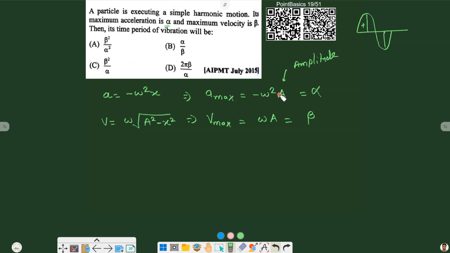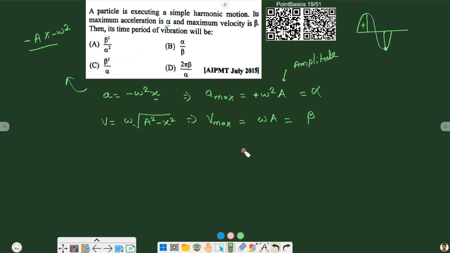When the amplitude is minus A, it will be maximum, so we have to add an additional positive sign. Why? Because amplitude can take positive and negative values, and we have to find the maximum, so the maximum value should be positive. For that we take acceleration along the negative side, where x is equal to minus A. So minus A into minus omega square gives plus omega square A.